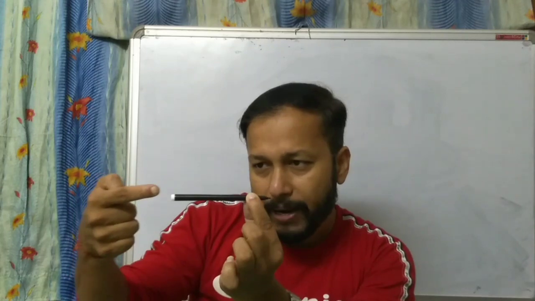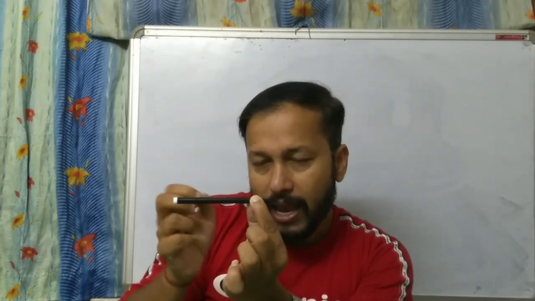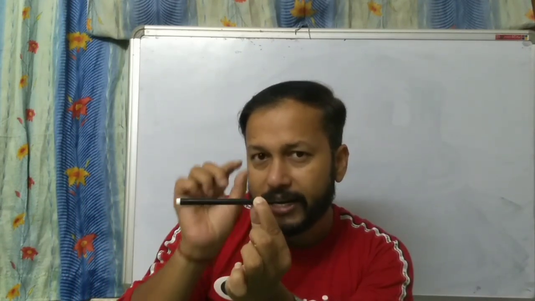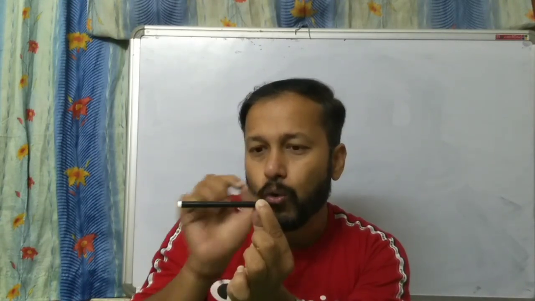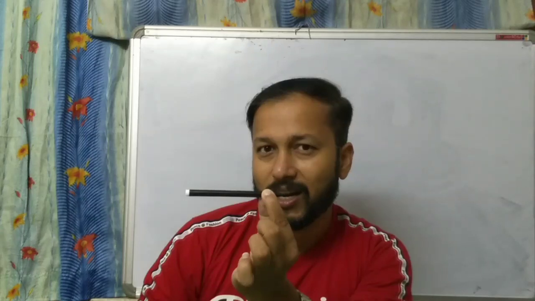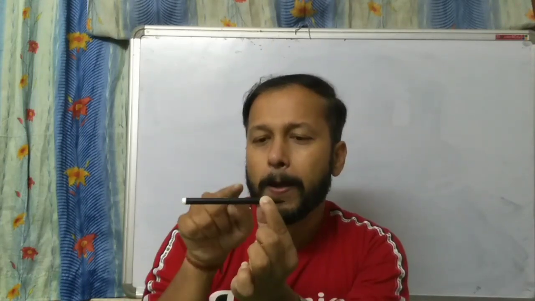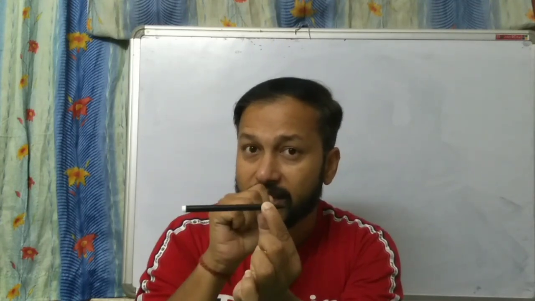Now when current passes through this wire, since it has got a resistance, it will oppose the flowing of electric current. Understood? But electricity will pass, though it has got a resistance. Say it's a copper wire, or any other conductor.